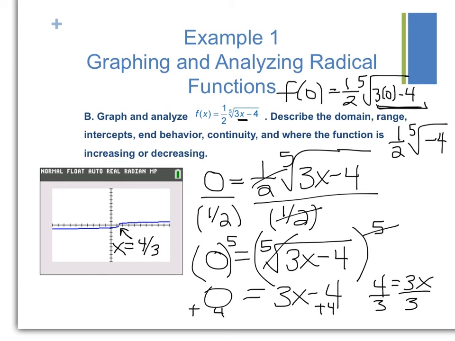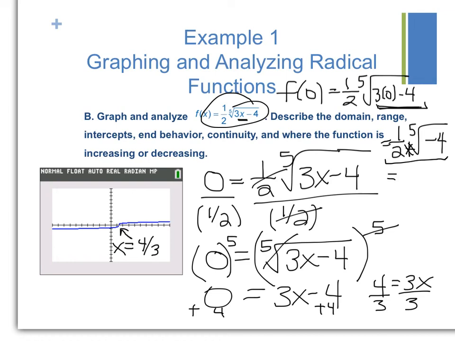Now, when I plug this into my calculator, when I take 1/2 times the fifth root of -4, it's similar to typing in 1/2 times the fifth root of the function. When we type this into the equation editor, you have to put a multiplication symbol in between the coefficient and the radical.